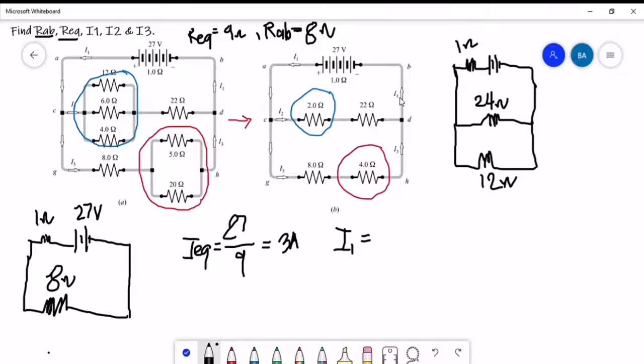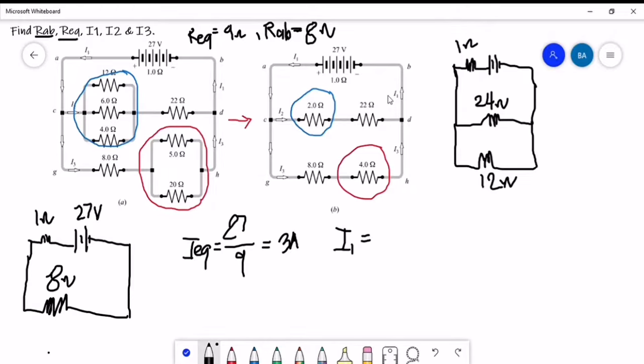As you can observe, it will flow here, and then the current that flows here is already our I sub 2.